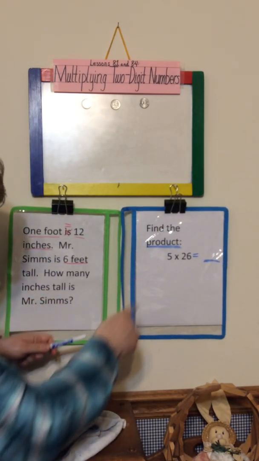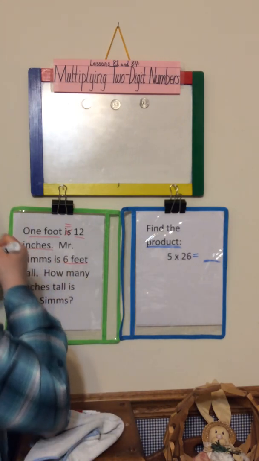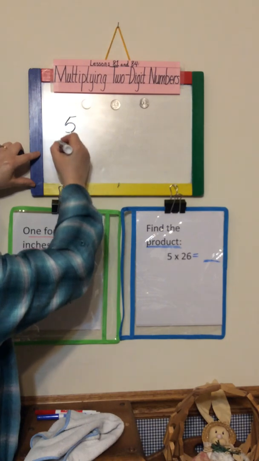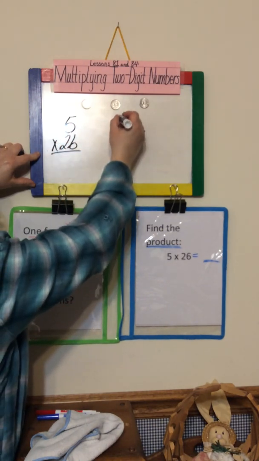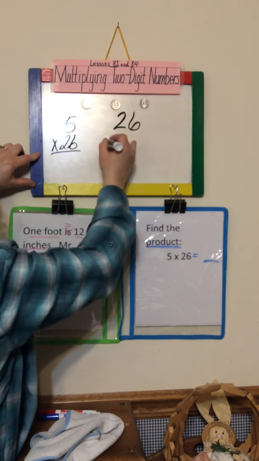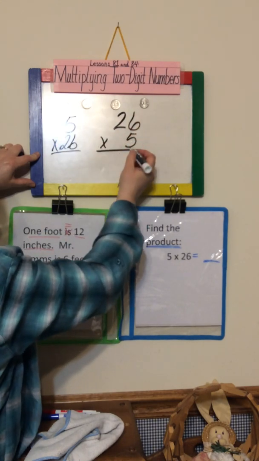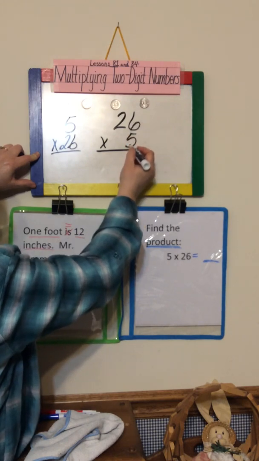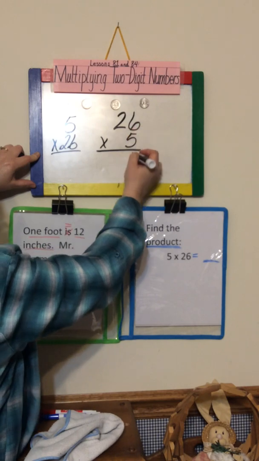Now, when we look at 5 times 26, we do not multiply it 5 times 26. We actually multiply 26 times 5 so that we can do it the way we've learned. And we multiply it, remember, doing the ones first. 5 times 6 is 30.